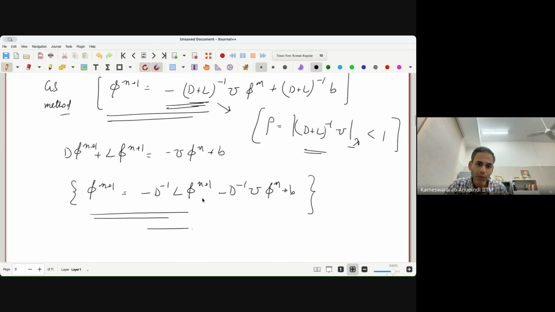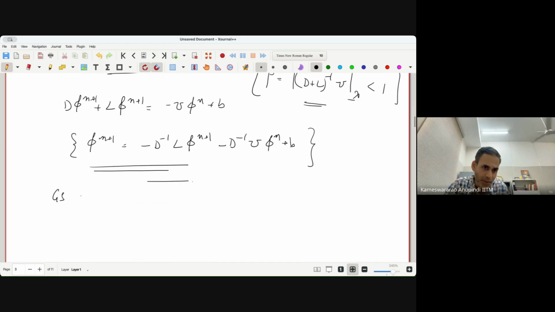Now, one thing we note here is that the Gauss-Seidel method (GS) is almost twice as fast as the Jacobi method.